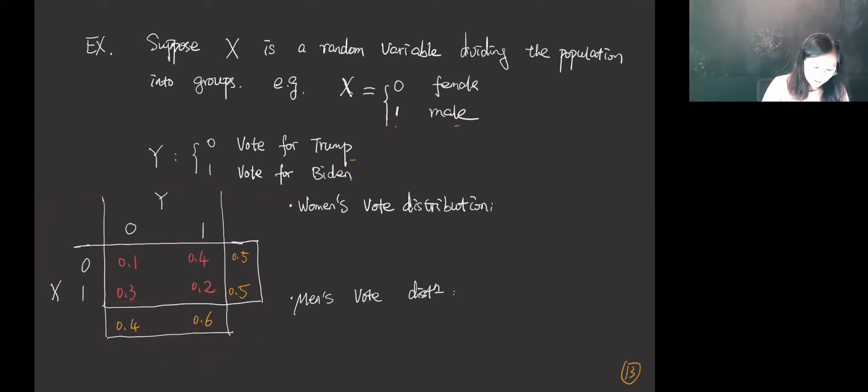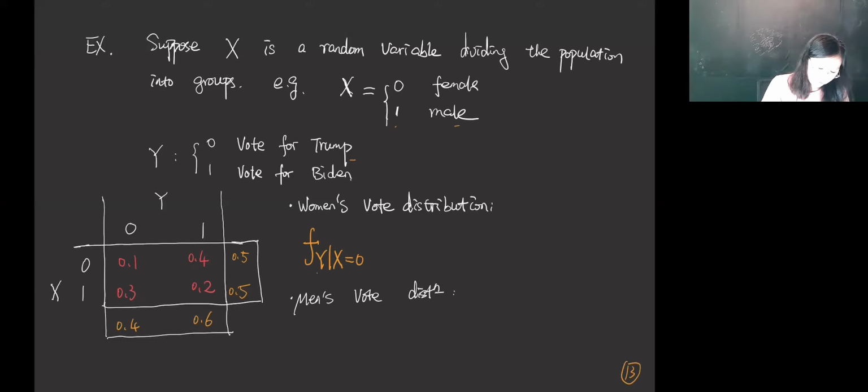From this two-way table, we can figure out the conditional distributions. One interesting conditional distribution is women's vote distribution. And what is this distribution in mathematics? That is the distribution of y given that x equals 0. X equals 0 stands for women.